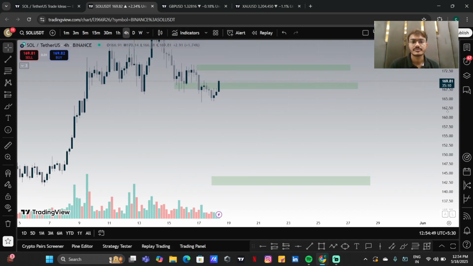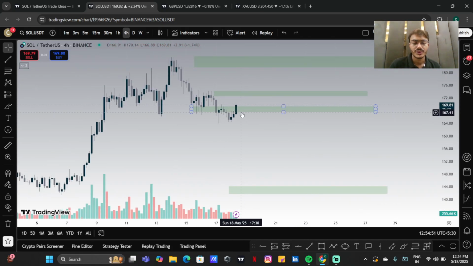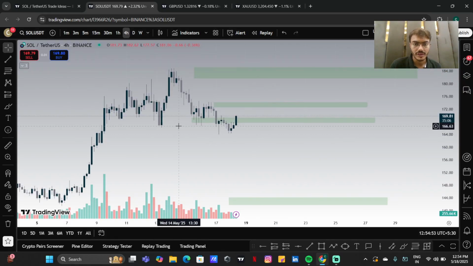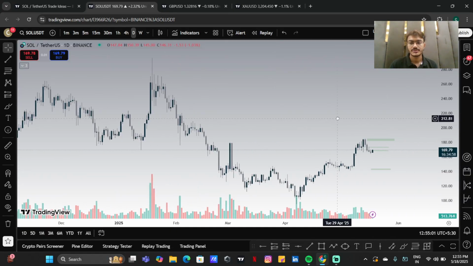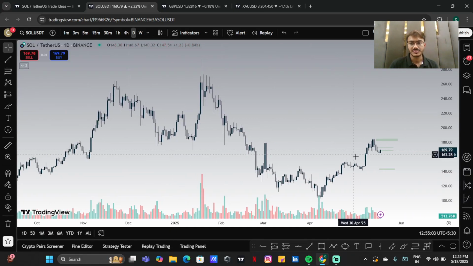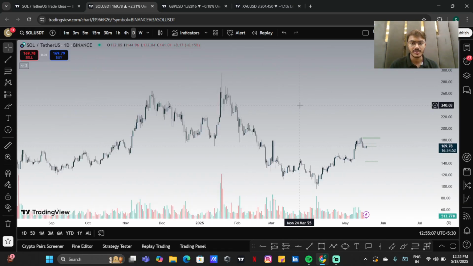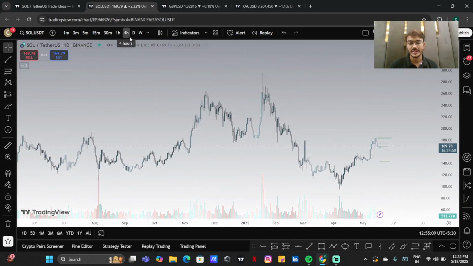So if it broke this support zone one more time, for example it was a too high support, let's take a daily view and let's see what the situation is over here. Market is on the short side. Let's see by using Fibonacci on a daily time frame.